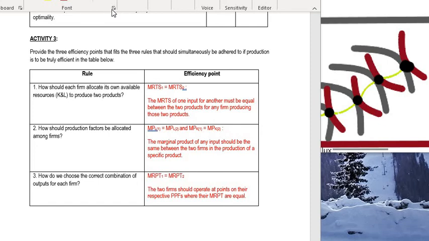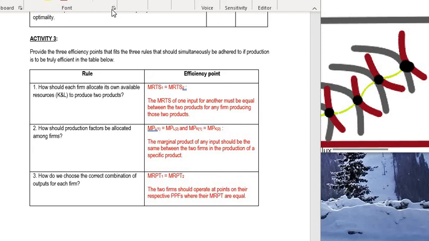So basically the trick here is to be able to see that now we are talking about allocation of resources between production of two outputs in one firm. So you are allocating labor and capital to producing apples and shoelaces in firm B. And then the second scenario, you are saying how will we allocate labor and capital between HP and Mac, on Apple I meant.